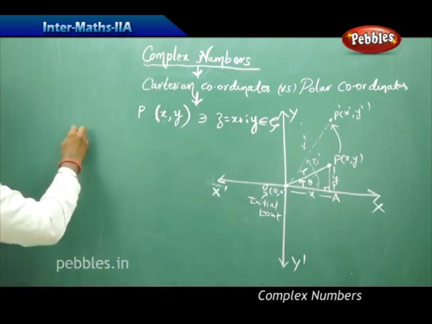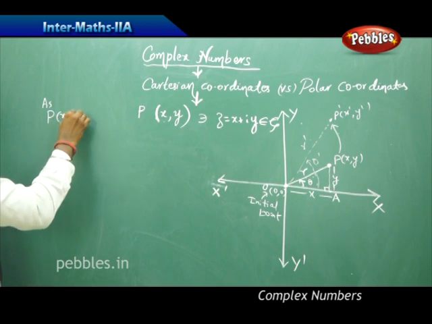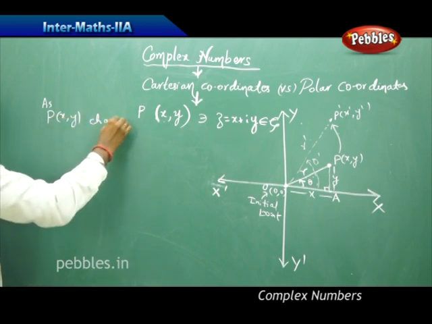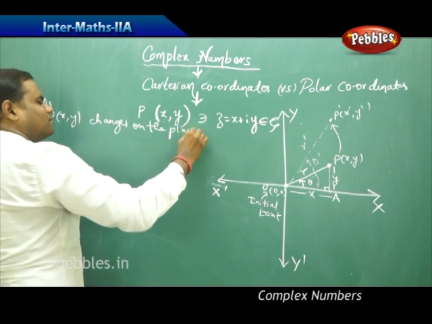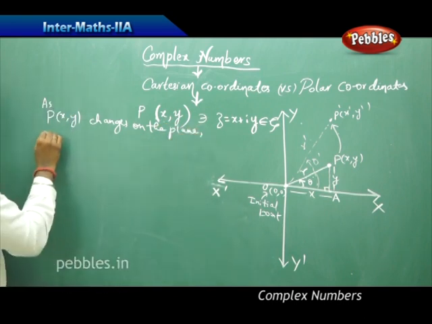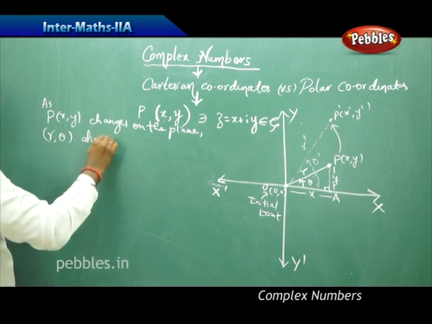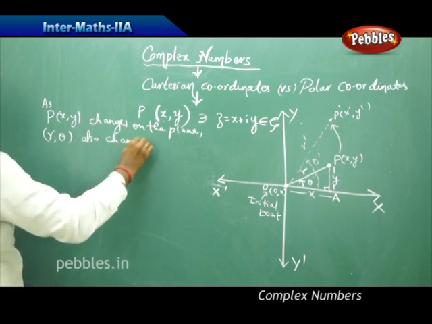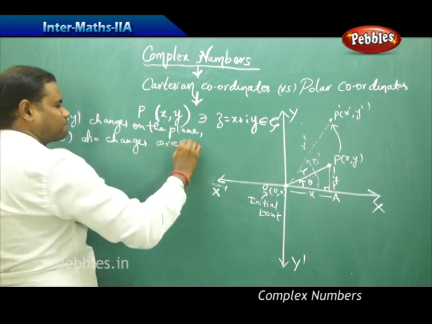Therefore I understand that as P(x, y) changes on the plane, r and theta also change correspondingly.